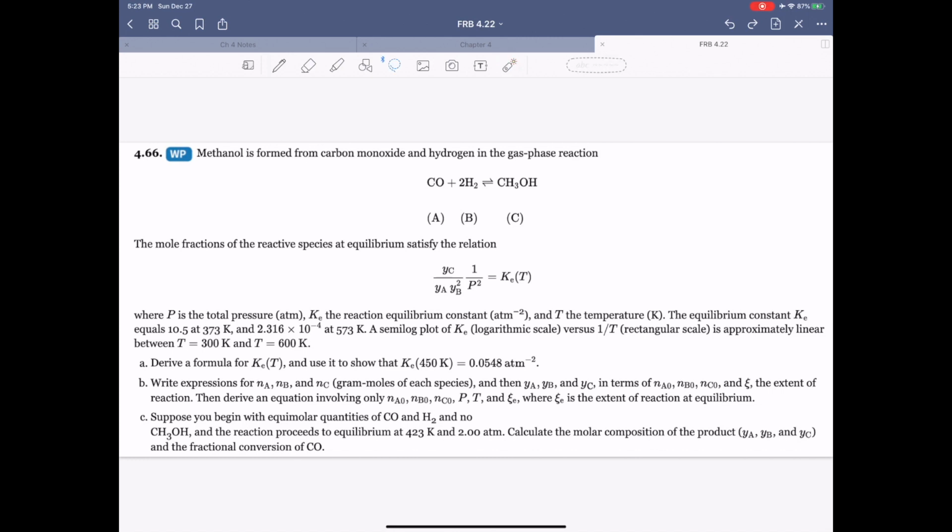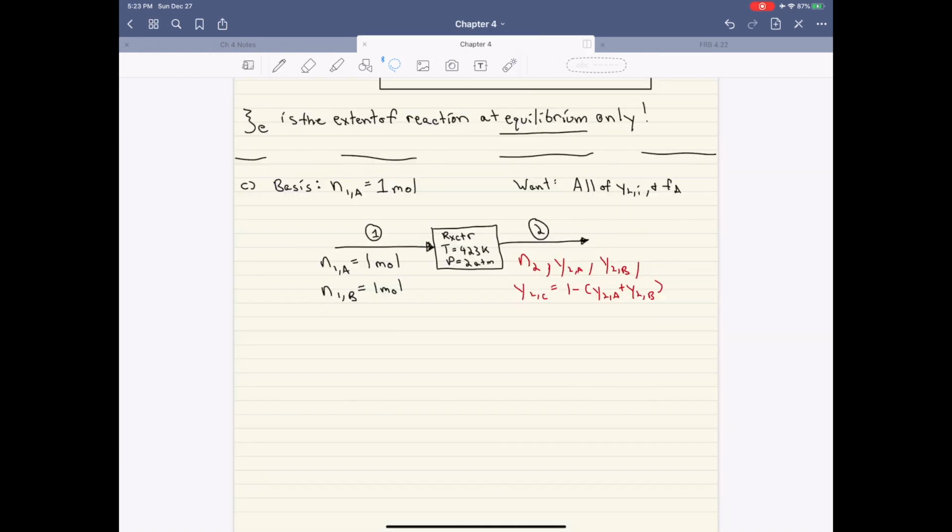So from the problem statement, we could draw a process flow diagram that looks like this. All right? And so, for our basis, it told us we had equal molar amounts of the carbon monoxide and the hydrogen gas and no methanol. Right? It didn't really tell us an amount, but in the end, we only care about mole fractions and fractional conversion.